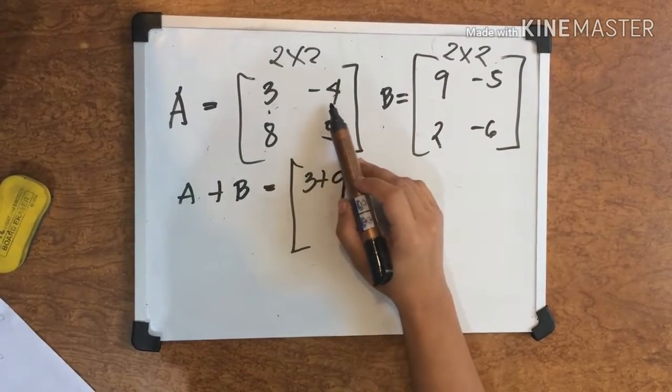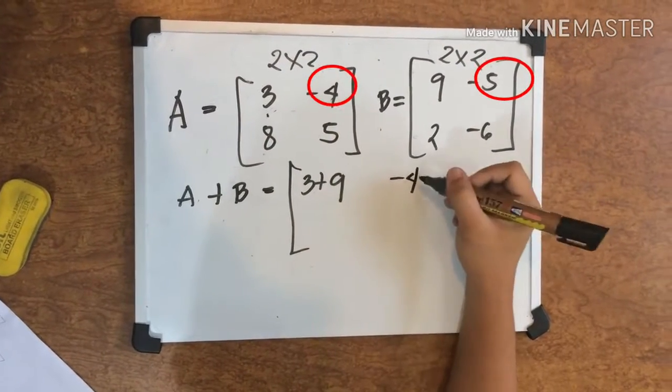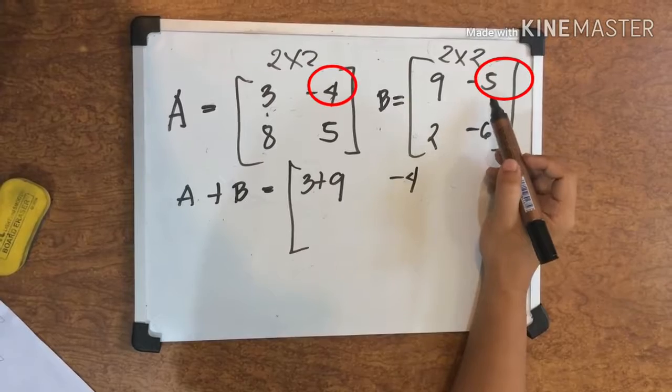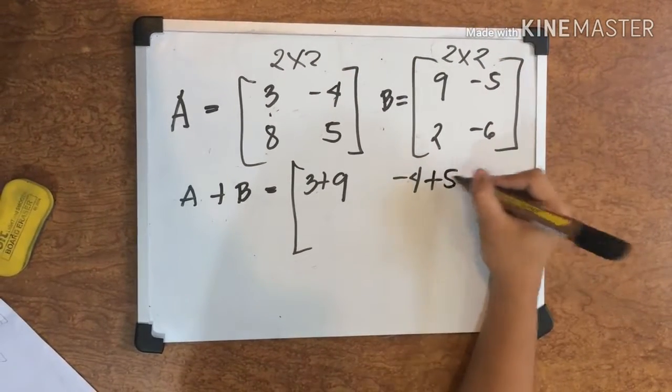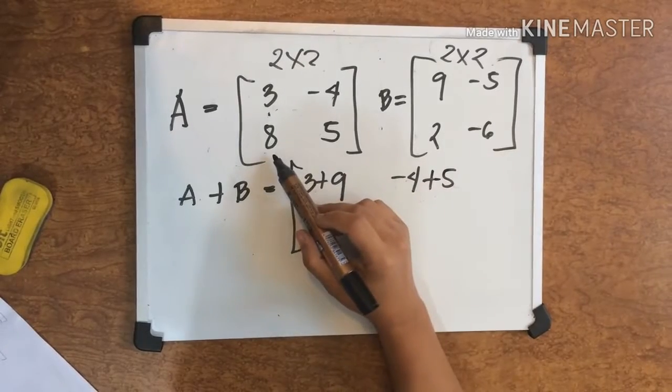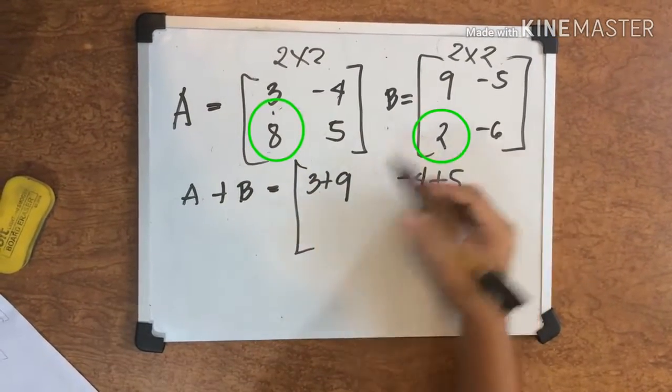On the first row, second column, we have -4, which is to be added to -5. And we have 8, which is to be added to 2.